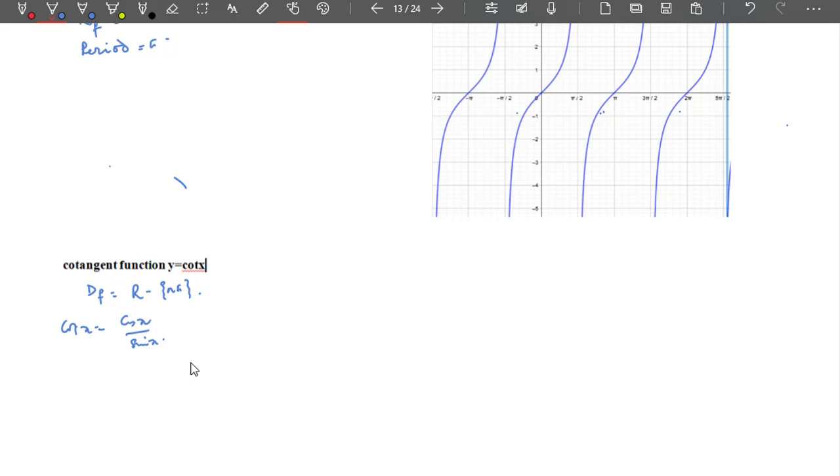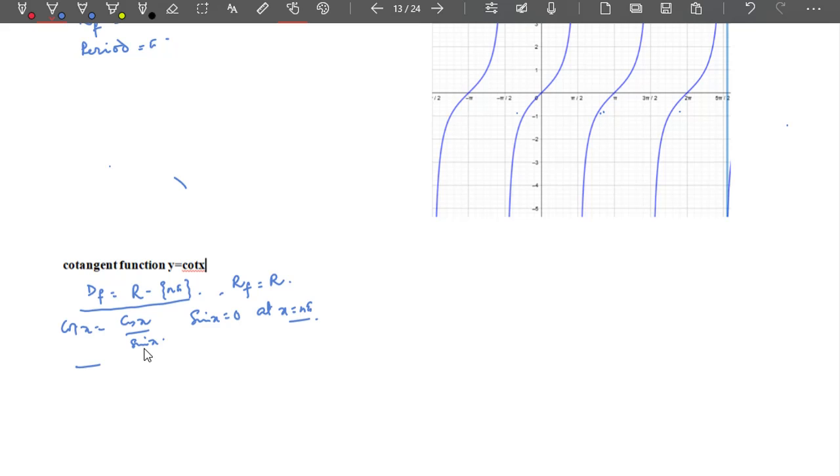Sin x is 0 at x equal n pi, so the function will not be defined there. So its domain is R minus n pi. Its range is the complete R. It is also a periodic function, and it has an opposite tendency to tan.